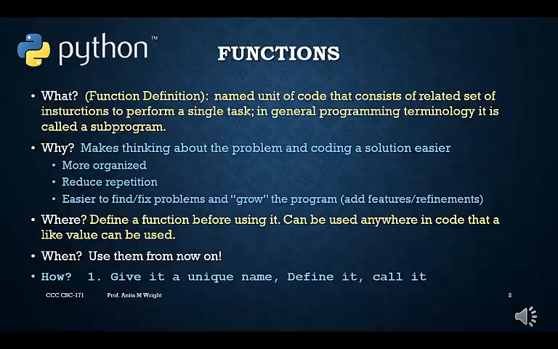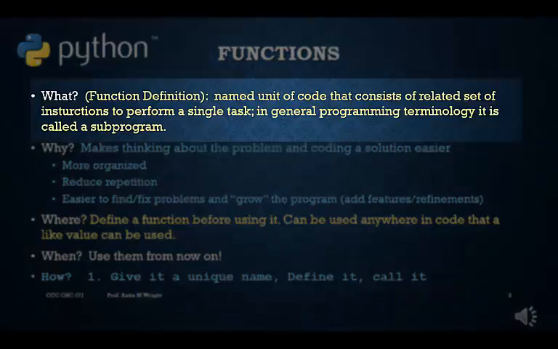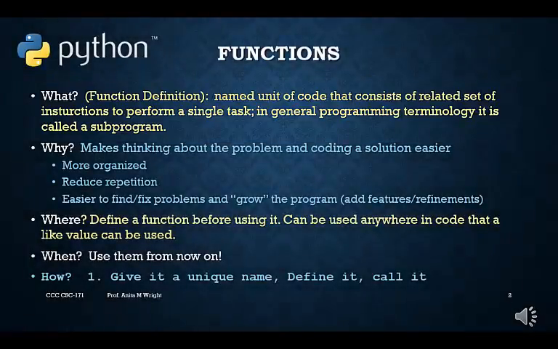Let's consider functions from a theoretical point of view by asking questions of them. What exactly is a function? In Python, it is a named unit of code that consists of a related set of instructions to perform a single task. In general programming terminology, it is called a subprogram.